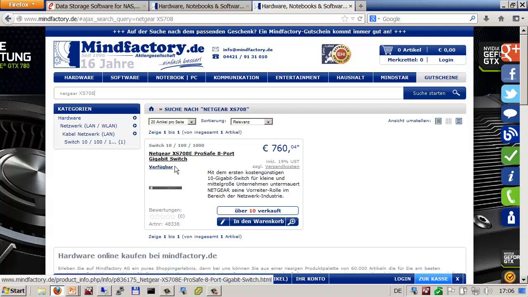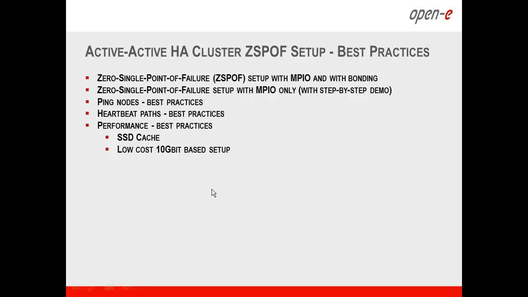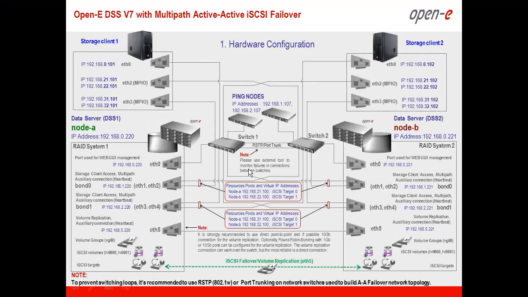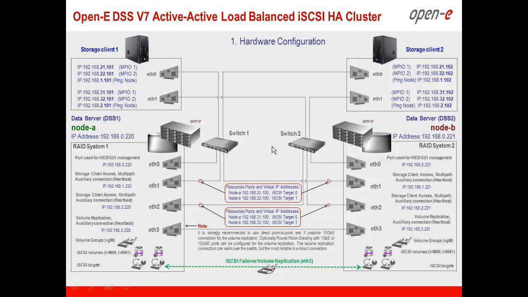That's the Netgear XS708, and you can have such a chart like we have prepared today, with 2 switches, which are something like $1,500 end user price with VAT. So this is already in a low budget cluster, and you can have very great performance when you're using a 10 gigabit port. So in such a case you can have 4 ports, 2 for storage adapters and 2 for round robin, or you can have also 3 10 gigabit ports.